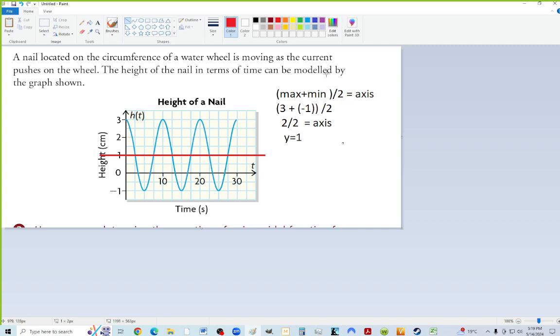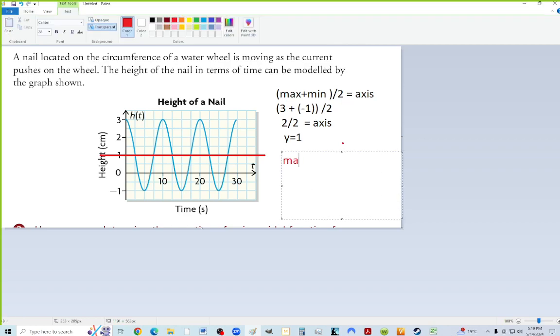Okay, but this is a formula that you should use. Here's another formula that you can use: max minus amplitude equals axis. So 3 minus... Well, we don't know the amplitude, but let's instead look at a formula for amplitude.